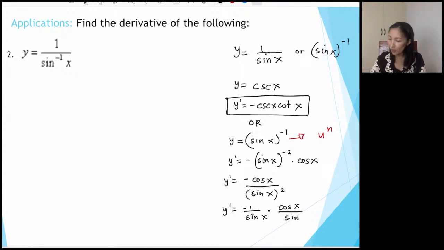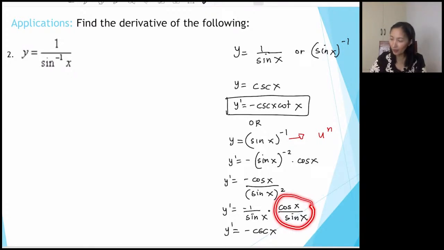Question, what is 1 over sine? Isn't it cosecant? So y prime is equal to negative cosecant x. And how about cosine over sine?